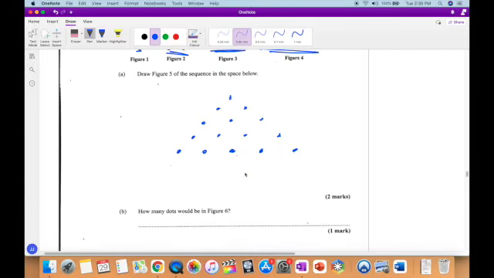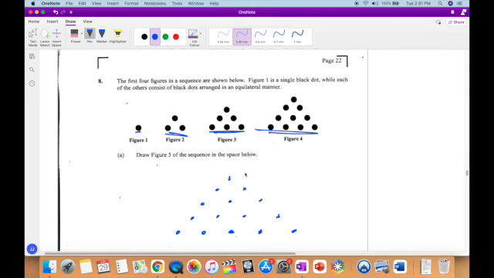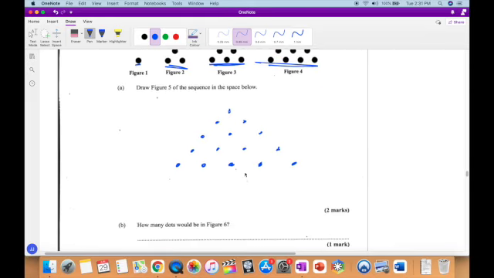How many dots would be in figure 6? Interesting. So we just saw figure 5, and figure 5 had 5, 4, 3, 2, 1. So figure 6 would probably have 6 plus 5 plus 4 plus 3 plus 2 plus 1.